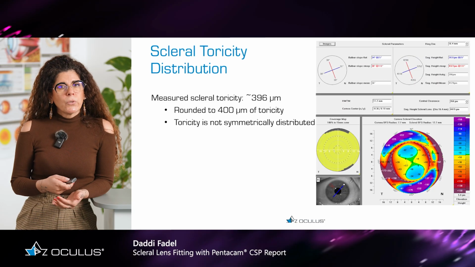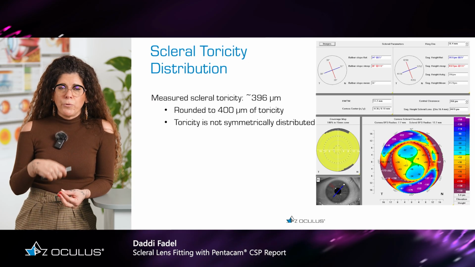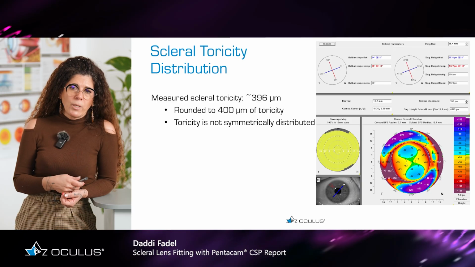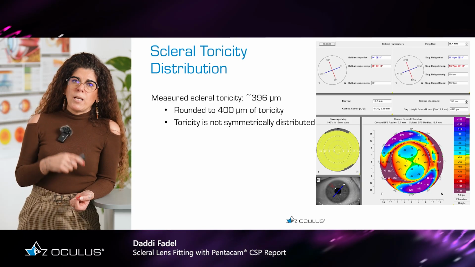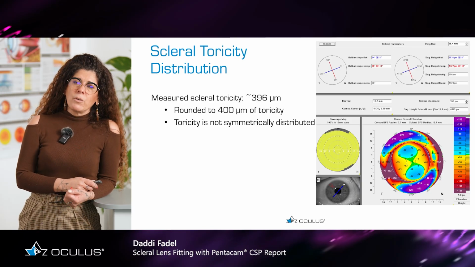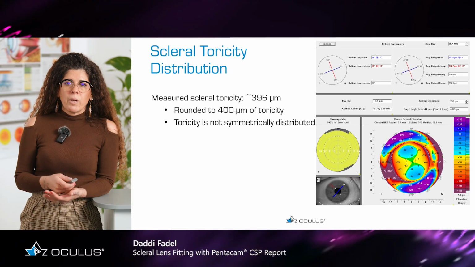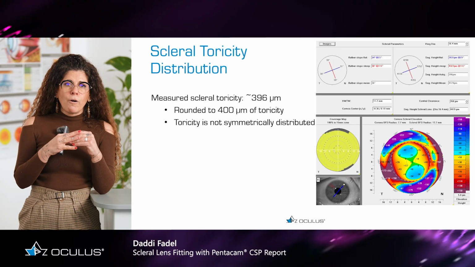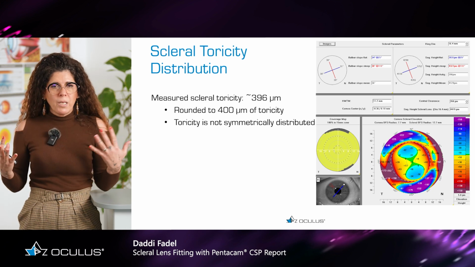The CSP will also give you an idea of how much toricity you have in this case, if you need to order a toric lens or probably also a quadrant-specific lens. So in this case, we have 396 microns. We will round it to 400 microns. What does it mean? This is the value of the difference between the two main meridians.